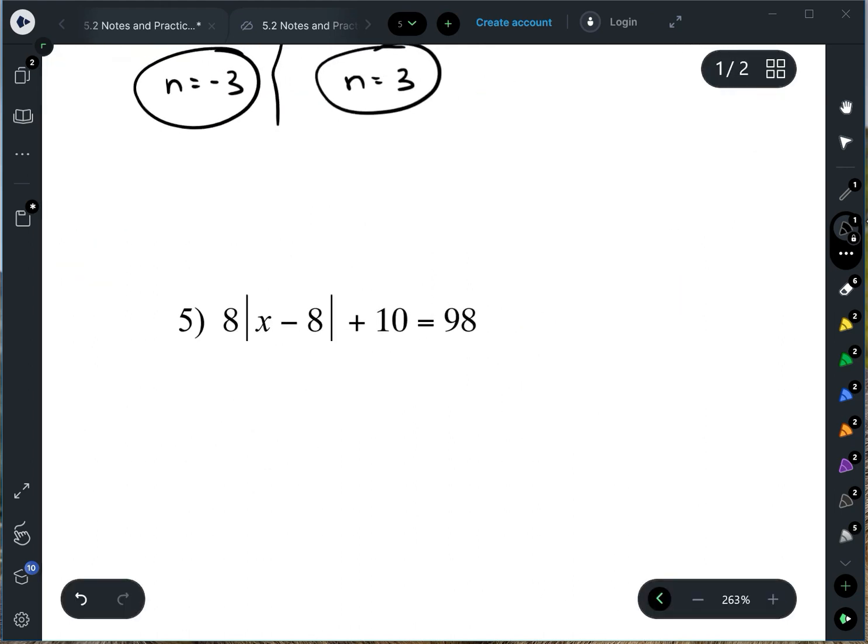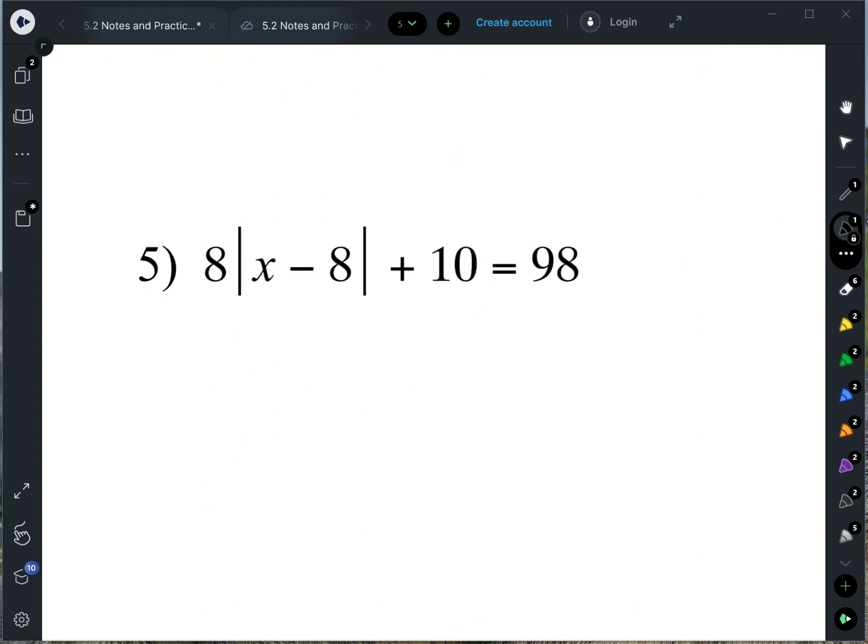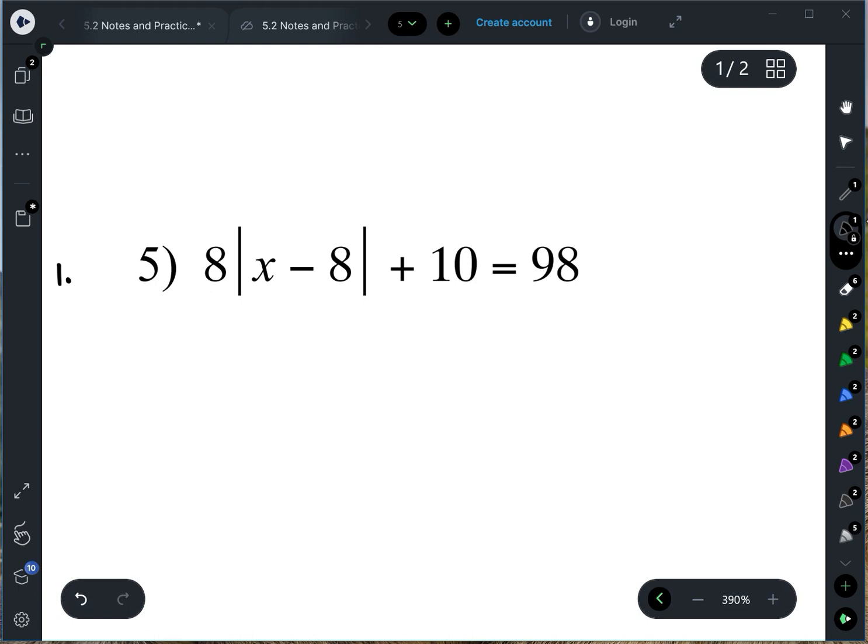Some more problems here. So here's where it gets more interesting. Step 1, always add or subtract away. Our goal is to get these bars by themselves. First, we need to subtract the 10. So that's 88 equals 8 times the absolute value of x minus 8.